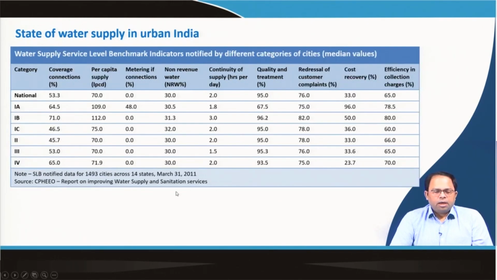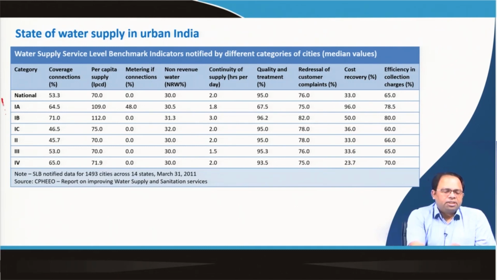Then, looking into the different service level benchmarks, this is a study from 2011. It was found that for different categories of cities, class 1, which is 1A, 1B, 1C, then 2, 3 and 4, we can see that the average national percentage of connections in urban areas is around 53.3%, whereas per capita supply is 70 LPCD.